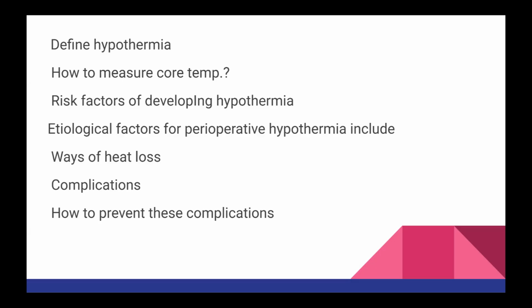So what are the different ways of heat loss? The heat loss can be with the evaporation from open wounds and respiratory losses, sweat losses, radiation, that is heat loss to the cooler surroundings, or if the patient comes in contact with cold surfaces, if there is any decreased temperature in the operating room, and the patient is not properly warmed.